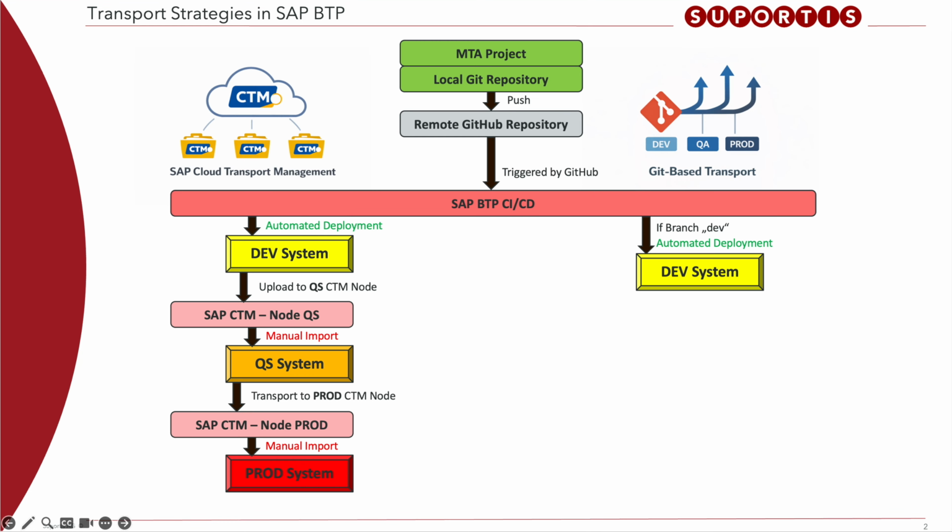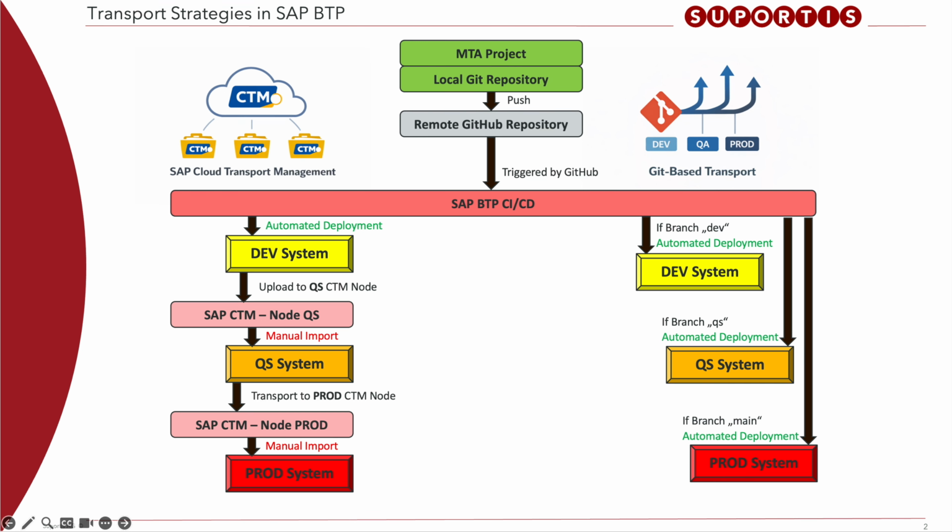If we push to the dev branch, the application is deployed to the dev system. If we push to the QS branch, it is deployed to the QS system. And finally, if we push to the main branch, it is deployed to the prod system. The branch strategy directly controls the system landscape.